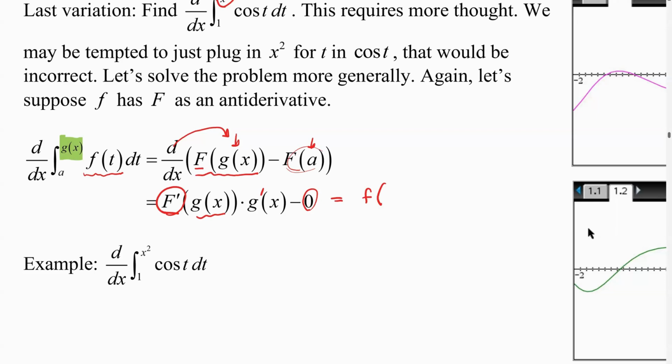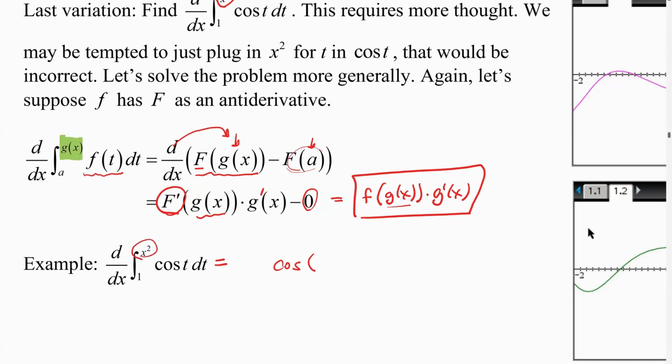So we get f of g of x times g prime of x as our final answer. Let's see that in action. The derivative of this is going to be the function cosine, replace t with that upper bound of x squared, and follow it up with the derivative of that upper bound, 2x.